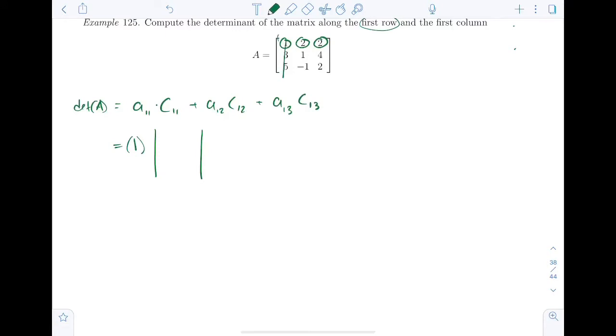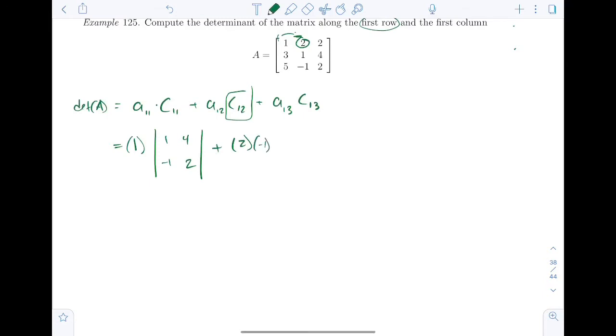Now we're going to erase this row and this column. I'm going to copy down this matrix. That's the minor: 1, 4, -1, 2. That's C11. Next, we have the entry A12, which is 2, times, now this cofactor gets a minus sign. So instead of plus, it's actually minus.